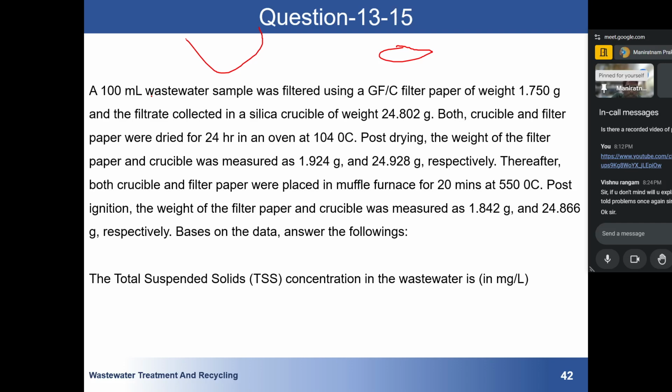So we use a special type of equipment, that is silica crucible, which can withstand a temperature of around 1000 degrees Celsius. The weight of this crucible is 24.802 gram. Both crucible and filter paper were dried for 24 hours in an oven at 104 degrees Celsius.